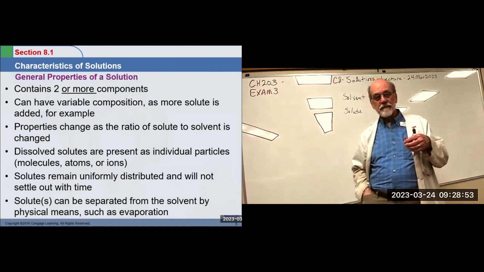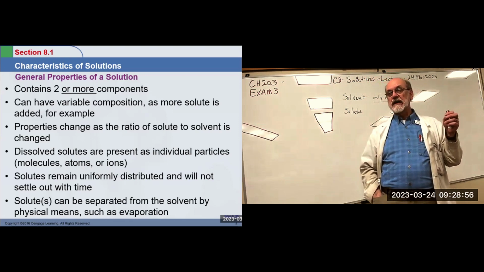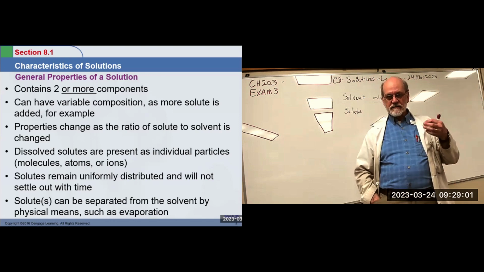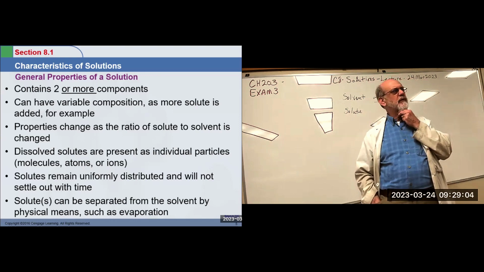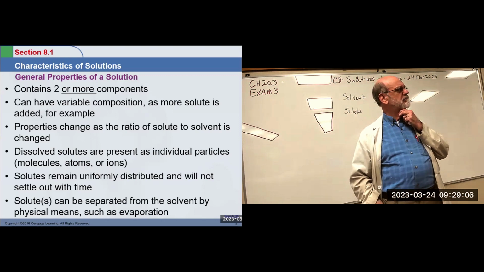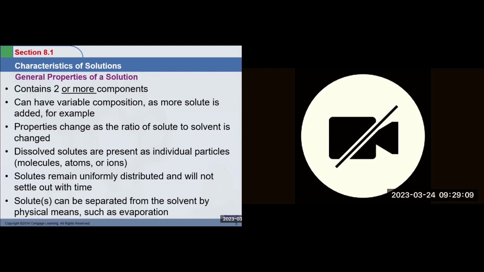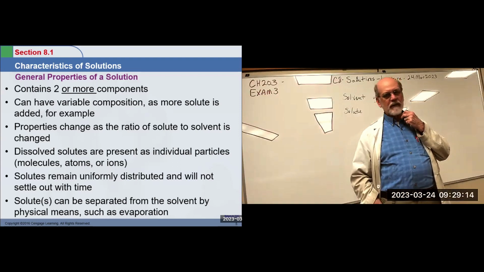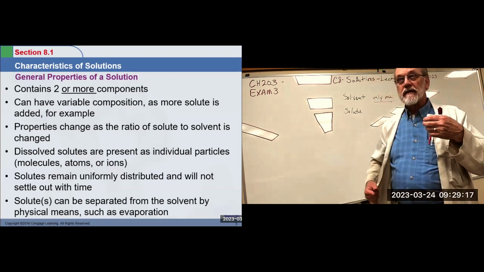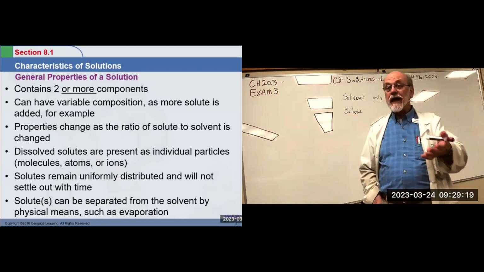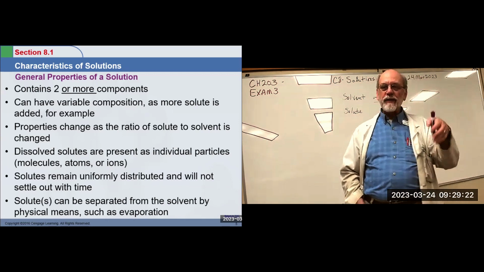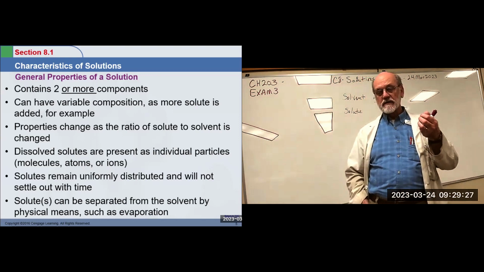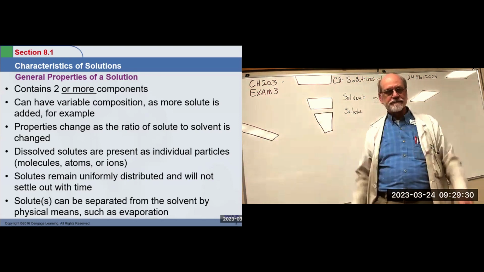You could have metal alloys. There you go. Like copper and zinc will make brass, and they're individual metal atoms in that solution.